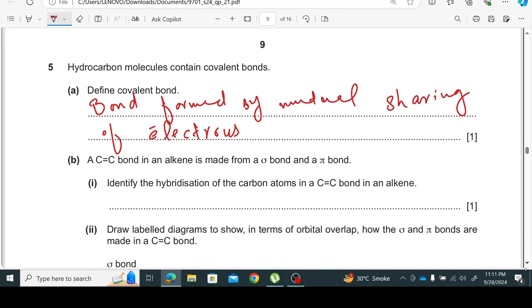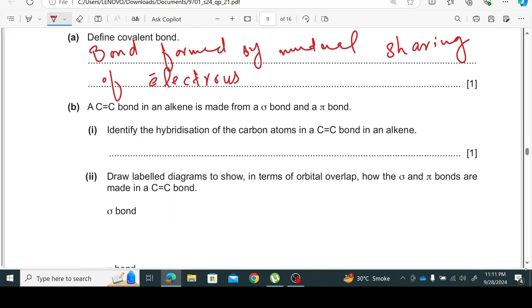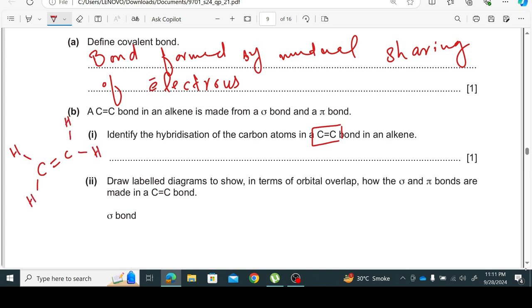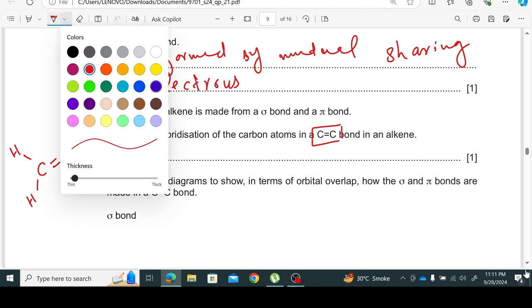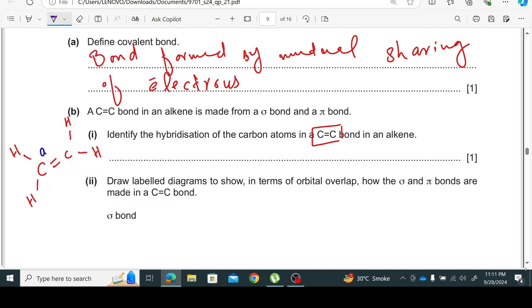Next is a carbon-carbon double bond in an alkene is made from a sigma bond and a pi bond. Identify the hybridization of the carbon atom in a carbon. You know, when there's a double bond in carbon, for example, you have carbon to carbon double bond. This connected with the hydrogen, hydrogen, and hydrogen. When a carbon is connected with three things, for example, you can see it's a carbon A. It is connected with one hydrogen, number two another hydrogen, and number three it is connected with this carbon.